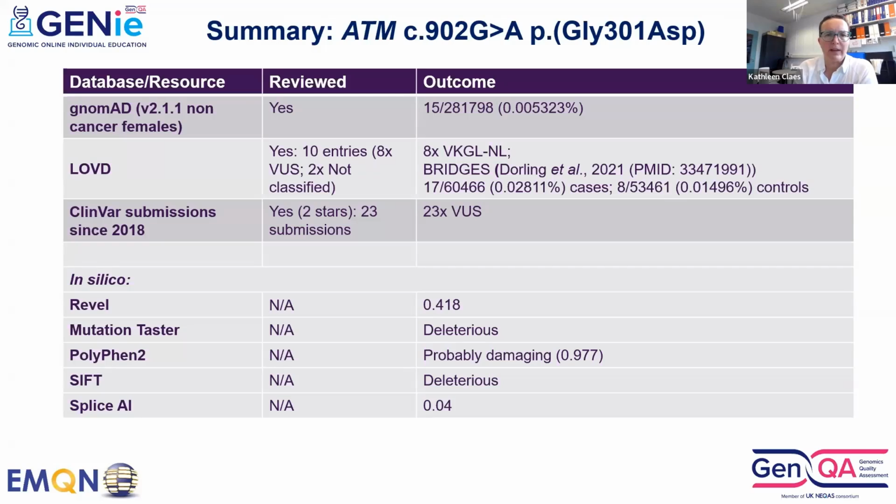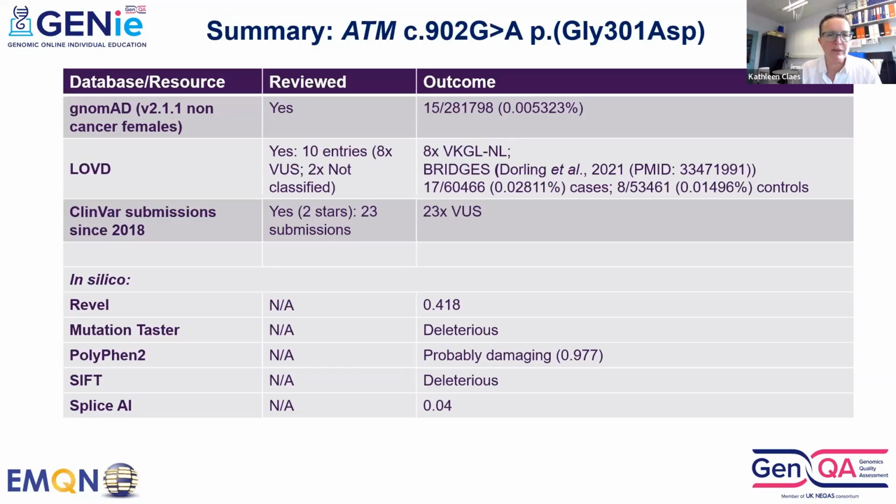What evidence is available online and in the literature? The variant is reported in gnomAD non-cancer females, and it's present there in about 0.005% of the people.